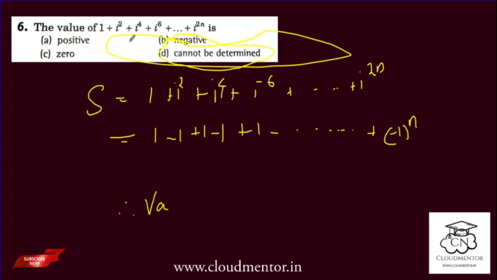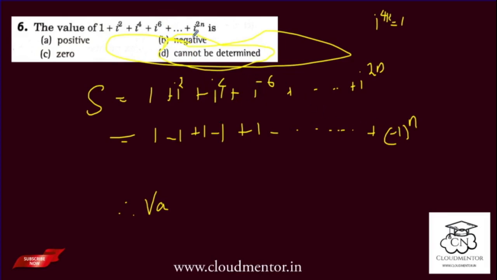I hope you got how we got these values. That is, i square is minus 1, and i raised to 4k is positive, that is plus 1 here, and i raised to 4k plus 2, that is minus 1, and again that goes on.